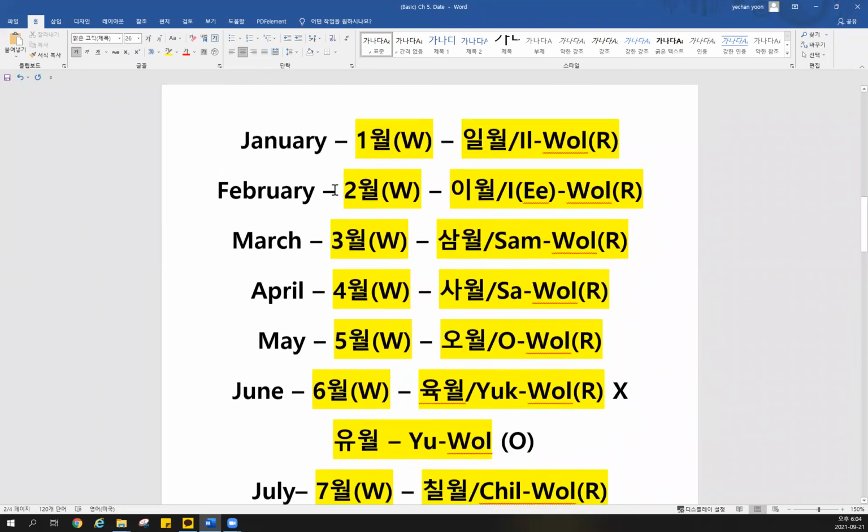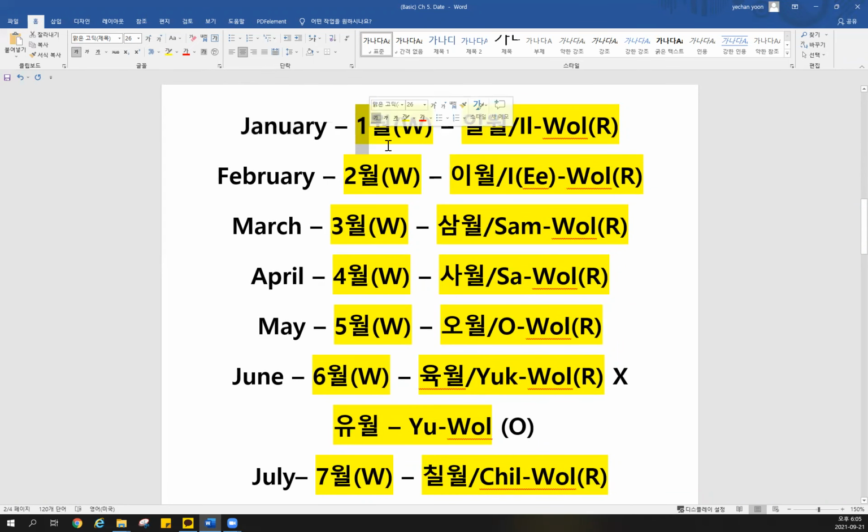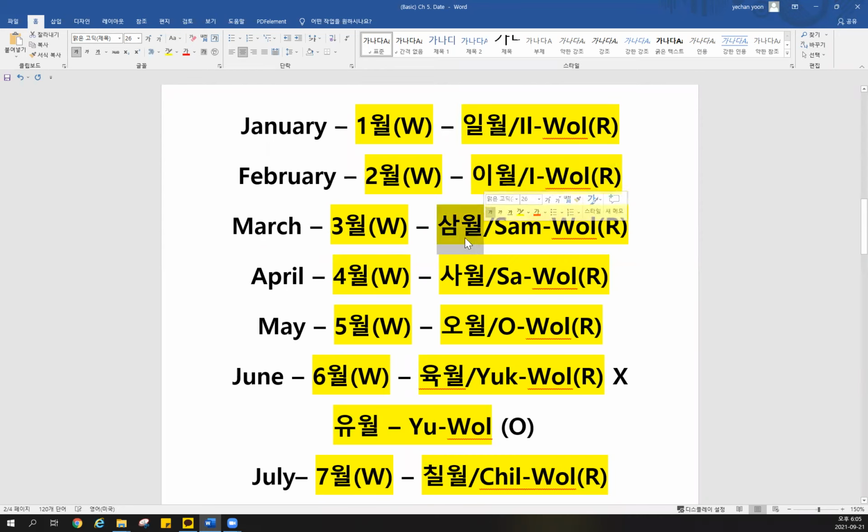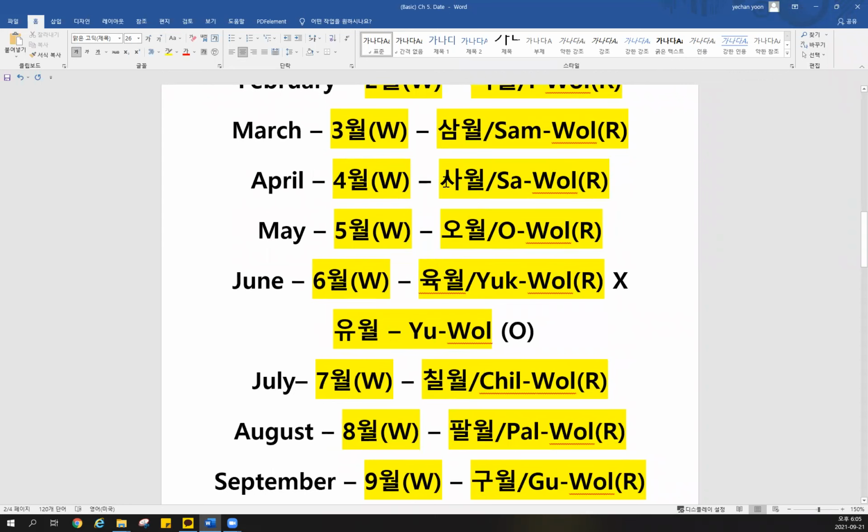For writing, it's the number plus the month word. For reading, January is 1월, February is 2월, March is 3월, April is 4월, May is 5월.